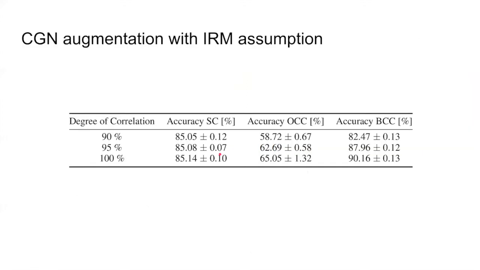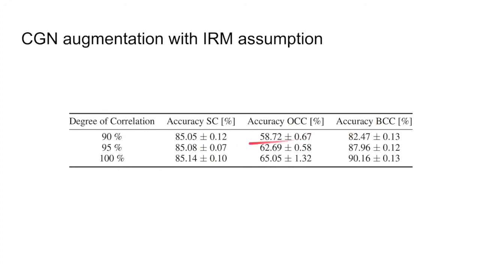The thing is, we can also drop the assumption that shape is the causal signal and go with the IRM assumption. We have different environments of correlation, then we train only on this 100% data set, generate counterfactual data, and train different classifiers: a shape classifier, a foreground classifier, and a background classifier.